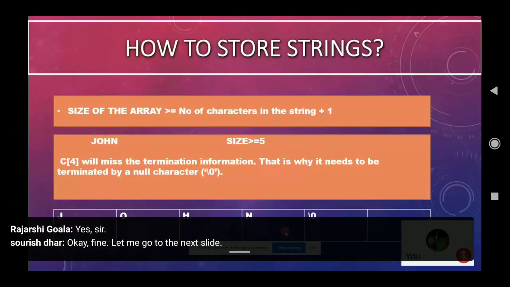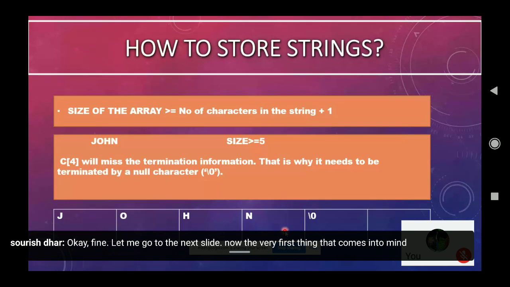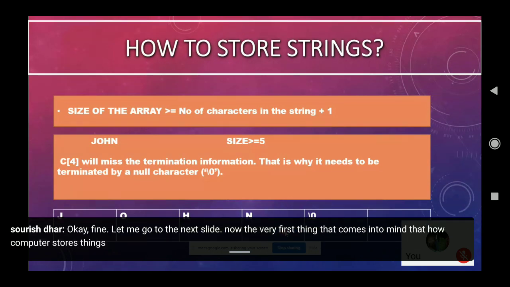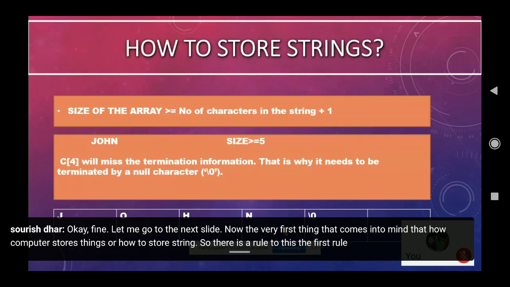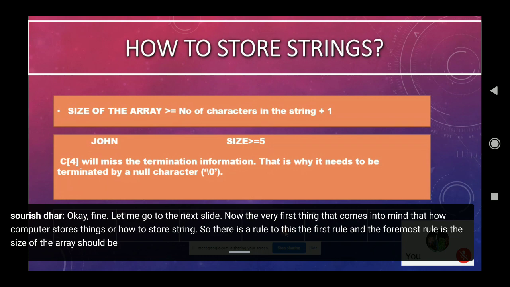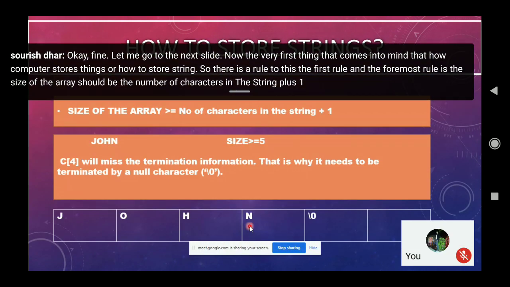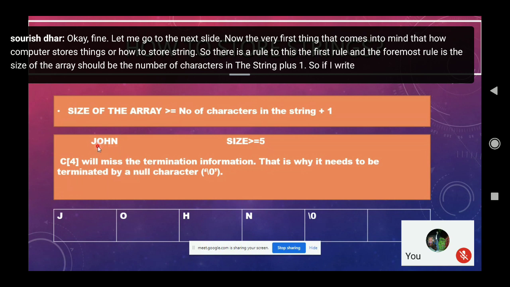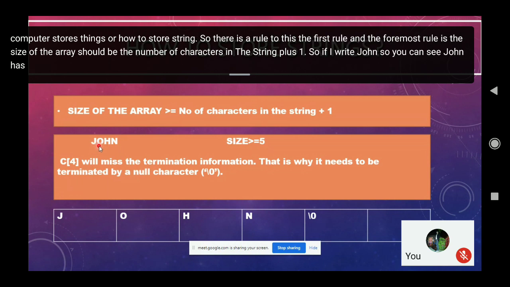Now, the very first thing that comes to mind is how computers store strings. There is a rule to this. The first and foremost rule is that the size of the array should be the number of characters in the string plus 1. If I write John, John has 4 characters: 1, 2, 3, 4.